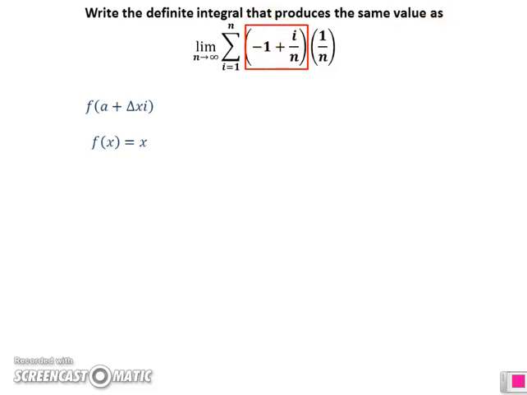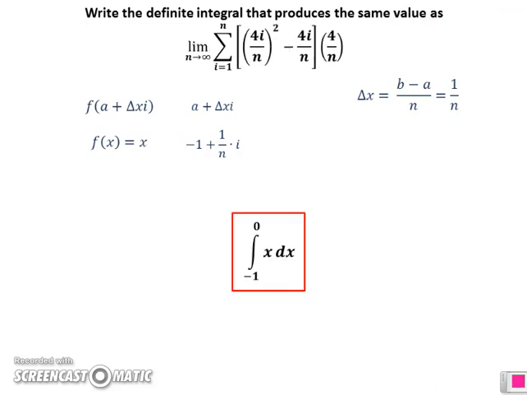So once you can see that there's nothing happening to this function, it's just plain old x, now you can go inside of it and see that a is -1. Now you have everything you need to write the definite integral. A is -1. The distance between a and b is 1, so this has to be 0.